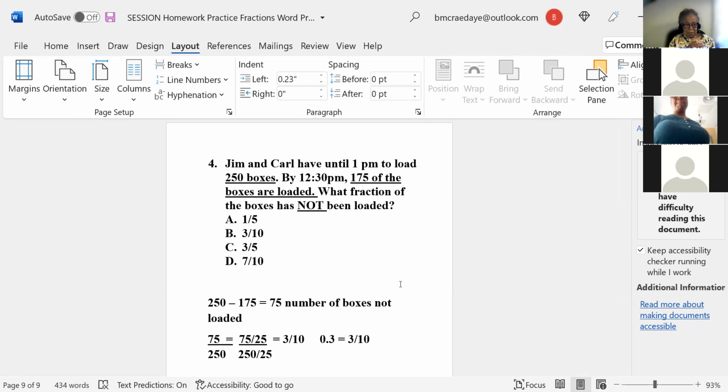When I looked at the answers, they are all fractions, so I changed my answer to a fraction. After I got the 75, I used the calculator to get the fraction. You got 3/10, but when you sent it in, you put C, 3/5, instead of 3 over 10.